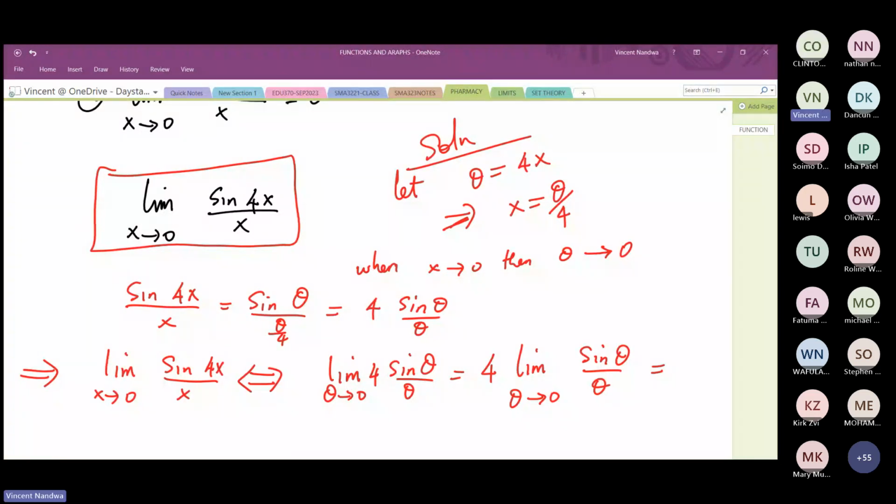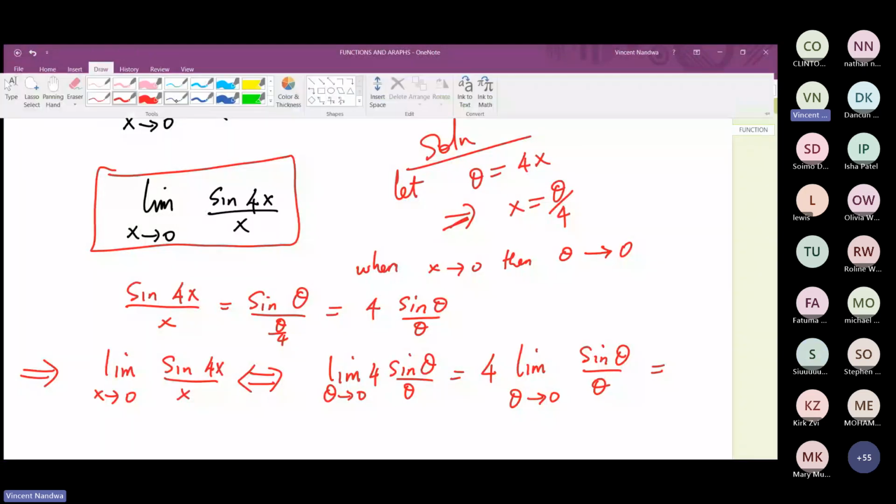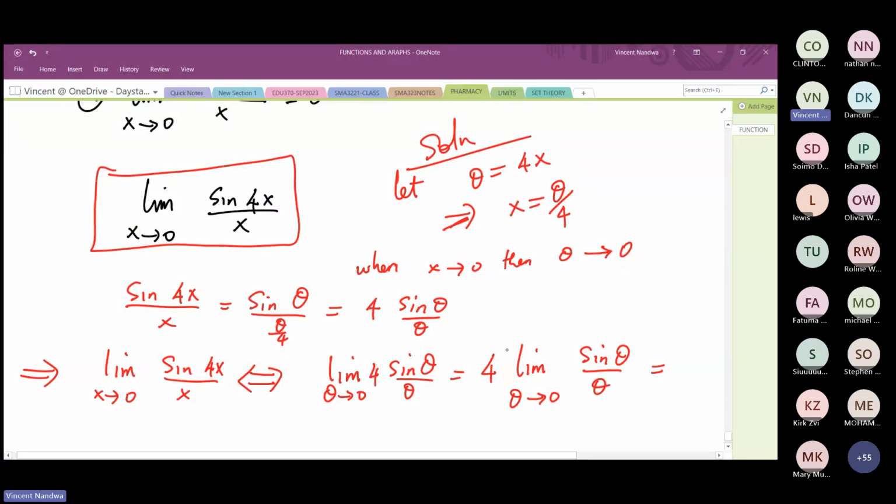One. 1 for this limit, and then you multiply by 4. So all this part is 1, and so you have 4 times 1, which is just 4.